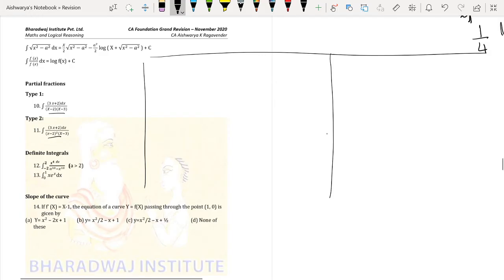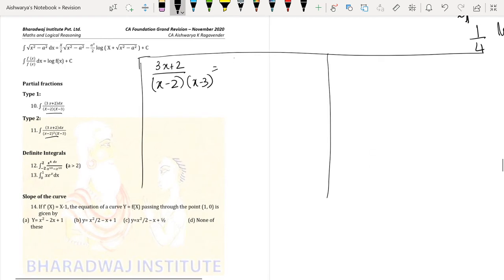So I am going to write this integral 3x plus 2 divided by x minus 2 into x minus 3 as a divided by x minus 2 plus b divided by x minus 3.